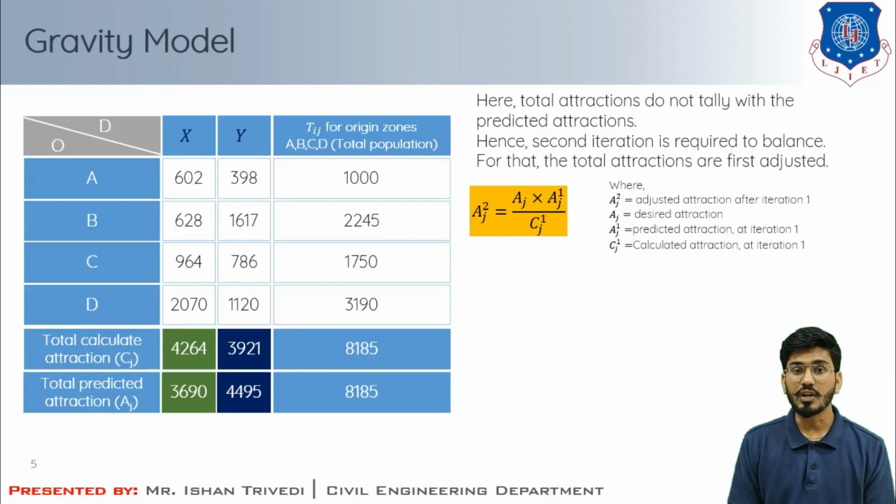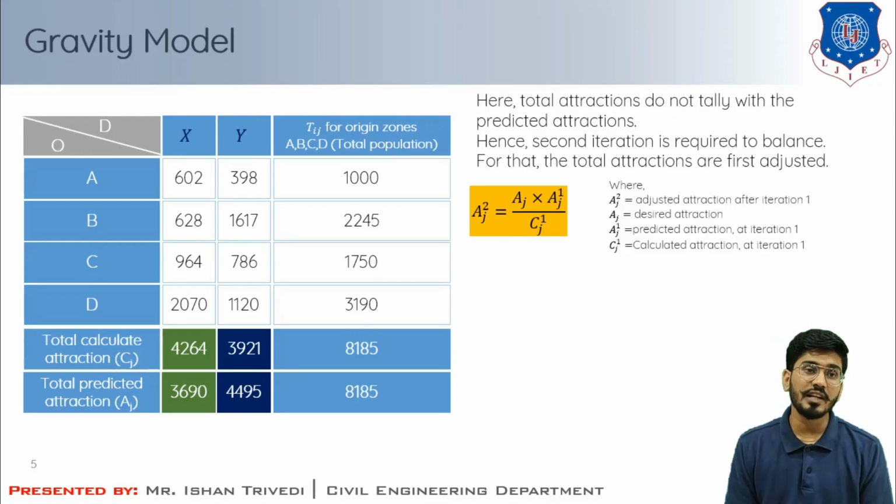So here you need to understand what we need to compute first. I need to compute the adjustment factor for attracted trips, that is the Aj2 value. Now what is our desire? We need to go for 3690 trips for X zone and 4495 trips for Y zone, or you can say X and Y industry.